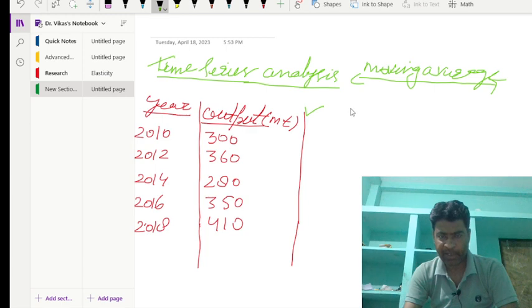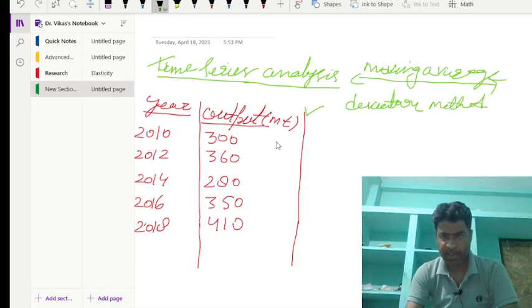There are a number of approaches that are used to find the trend. One of the moving average methods is popularly known as the deviation method. Here I am using the deviation method to find the trend output or make the prediction for the future.